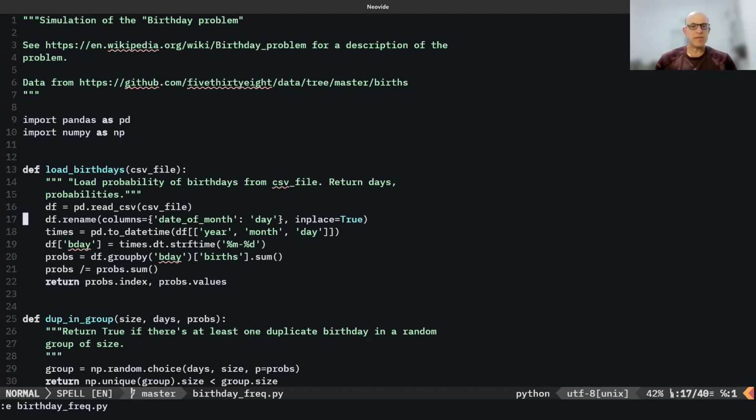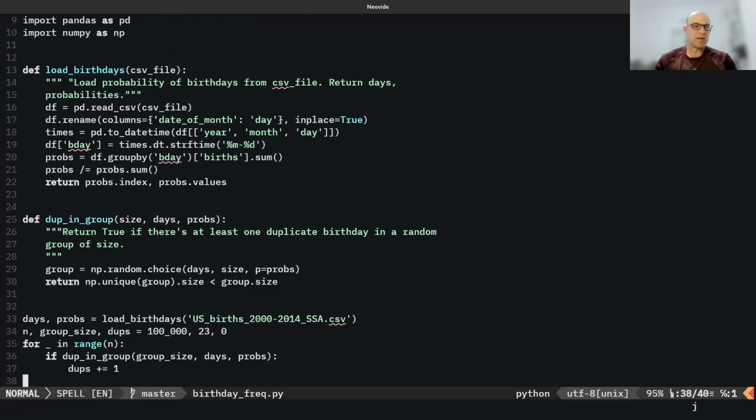So basically, I'm loading the birthdays from this CSV file, converting things to datetime, and then I'm saying that the birthday is the day and the month, and then I'm doing what is known as a group by to get all of the people that were born on the same day in the month, divided by the total number of probabilities, and then return the index and the values.